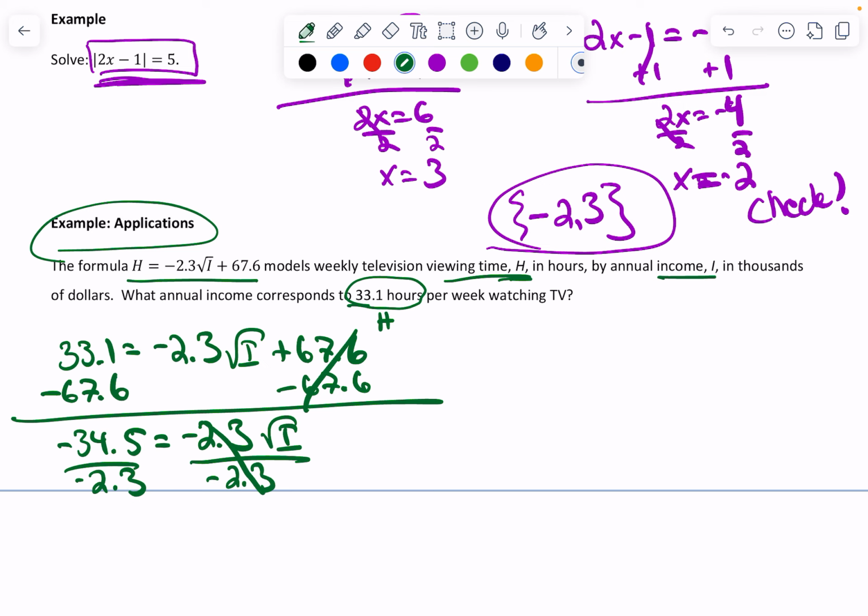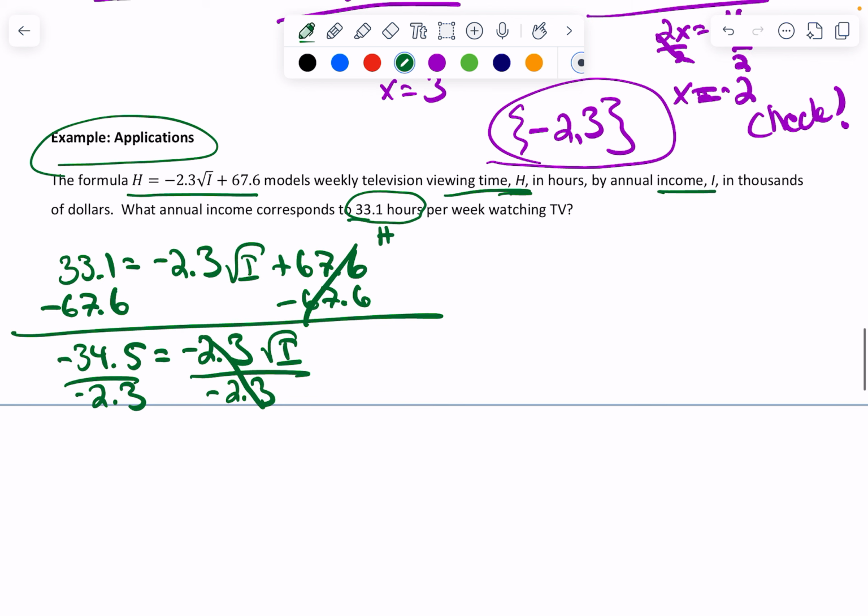These are a little bit harder, but even how small it seems, make sure that you're using a calculator so you're not making silly mistakes of miscalculating something. And write everything down on scratch paper. So -34.5 divided by 2.3 is 15.